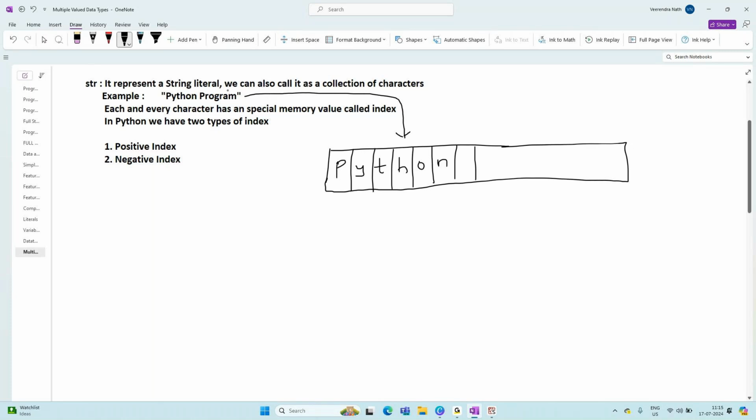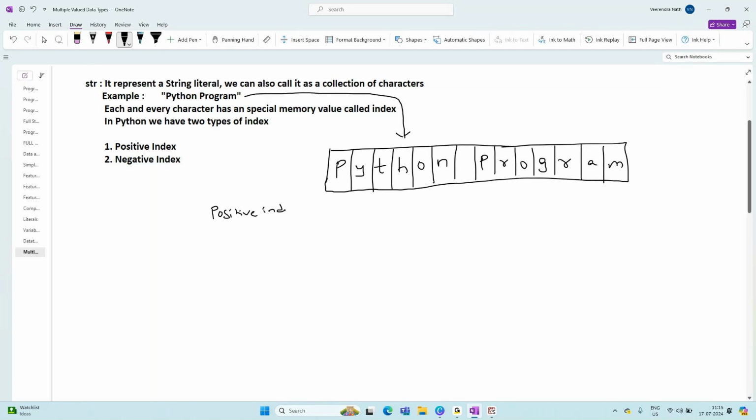P, R, O, G, R, A, M. Done. So Python program. Now what I told you, each and every character has a special memory value called index, and index are of two types, positive index and negative index. So first we will talk about positive index.